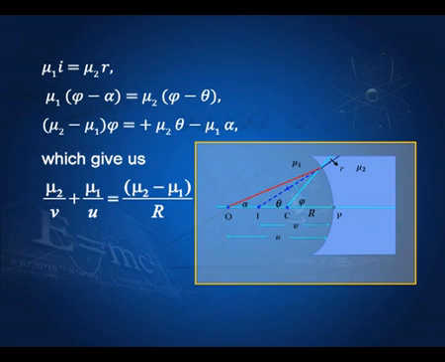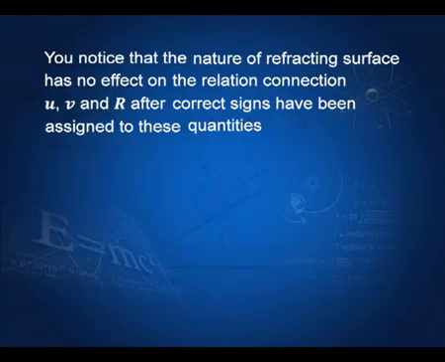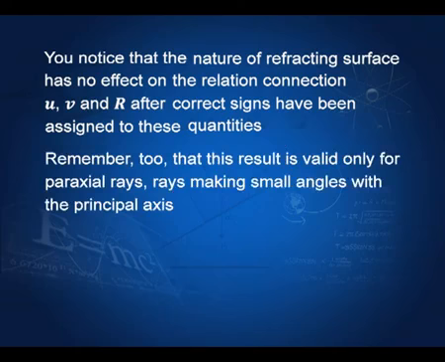So, all quantities are negative. So, it makes no effect on this equation, and therefore, this relation remains the same, and this relation is the same as for a convex surface. So, you notice that the nature of refracting surface has no effect on the relation connecting u, v and r. Remember too that this result is valid only for paraxial rays, rays making small angles with the principal axis.